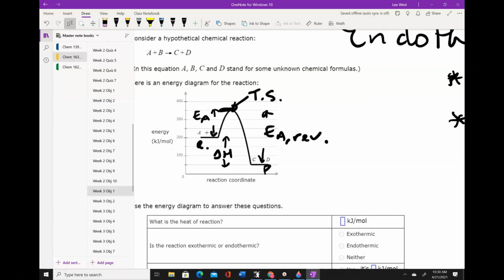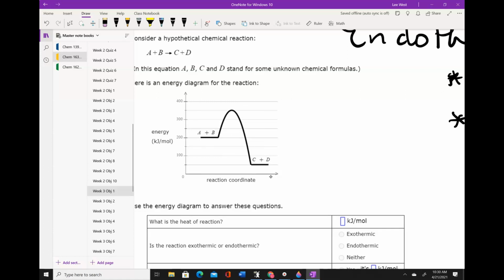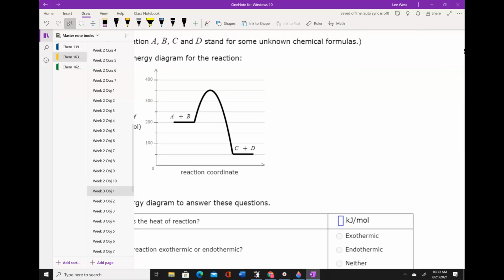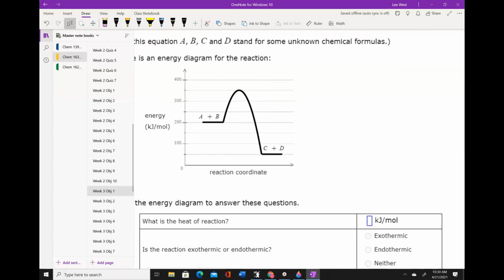So, like I said, a lot of this is about reading the scale correctly. The first question they're going to ask you is, what is the heat of the reaction? In this reaction, we know that energy is released because the products are at lower energy than the reactants, right? The products are down here at 50 kilojoules, and the reactants are at 200 kilojoules.